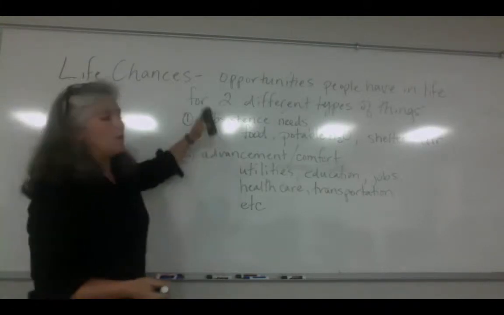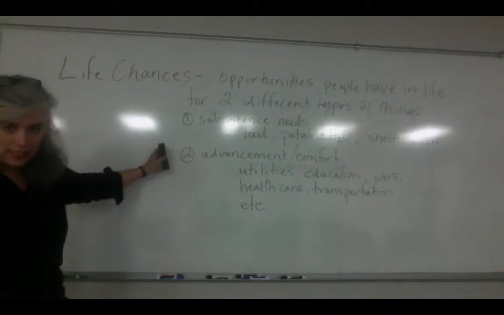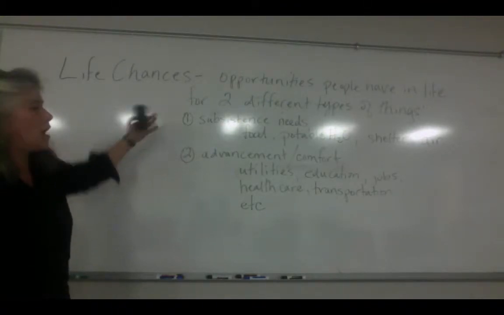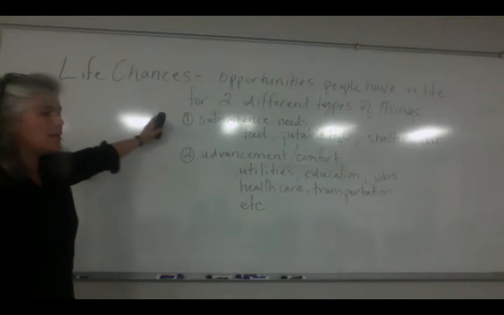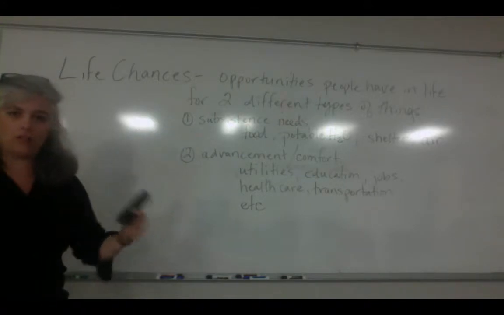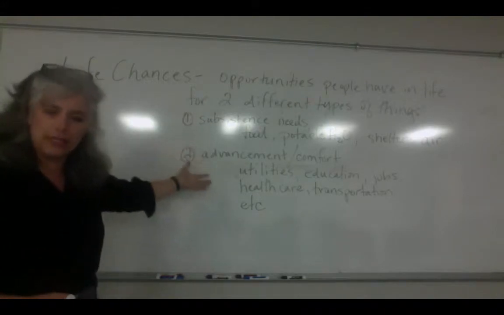So, you see on the board behind me an expanded definition of life chances from our class discussion the last time we saw each other face to face. We took the life chances definition from Chapter 7 and we broke it down into a couple of different components here.